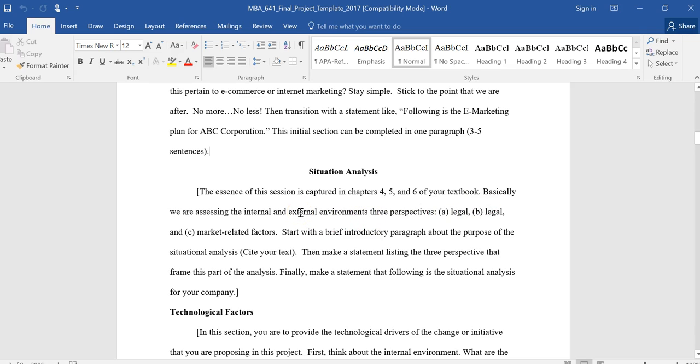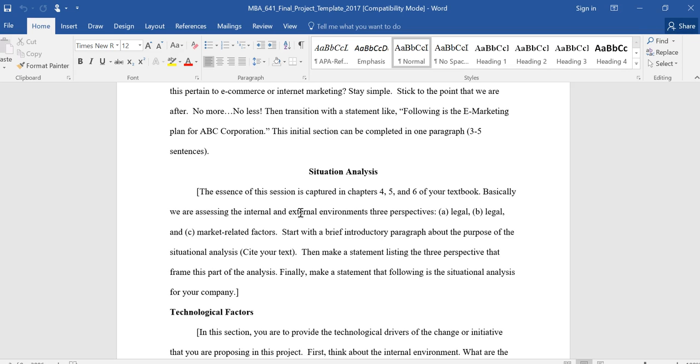So when we're talking about the situation analysis, we're talking about analyzing the internal and external environments so that we can determine how ready things are for what we're trying to do. Now, if you have had other classes, then you know that we typically do this through a SWOT analysis, but for the purposes of our paper, we're going to do what I would call an abbreviated or an attenuated SWOT, right?